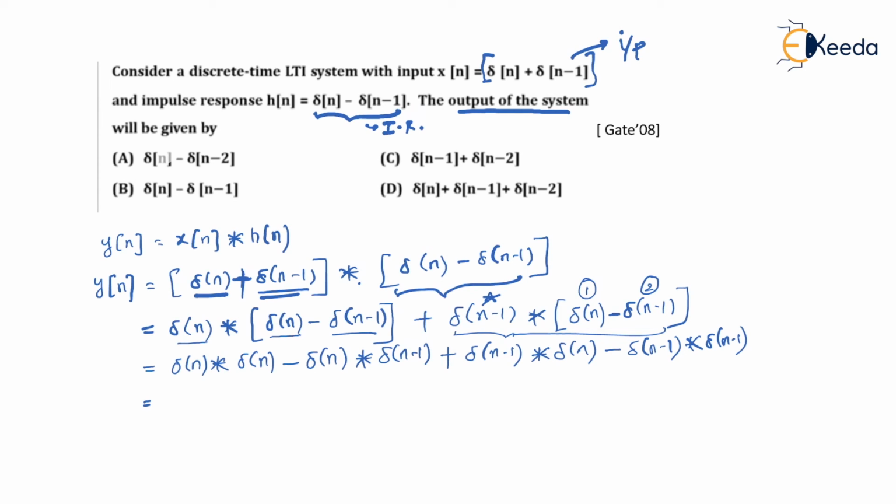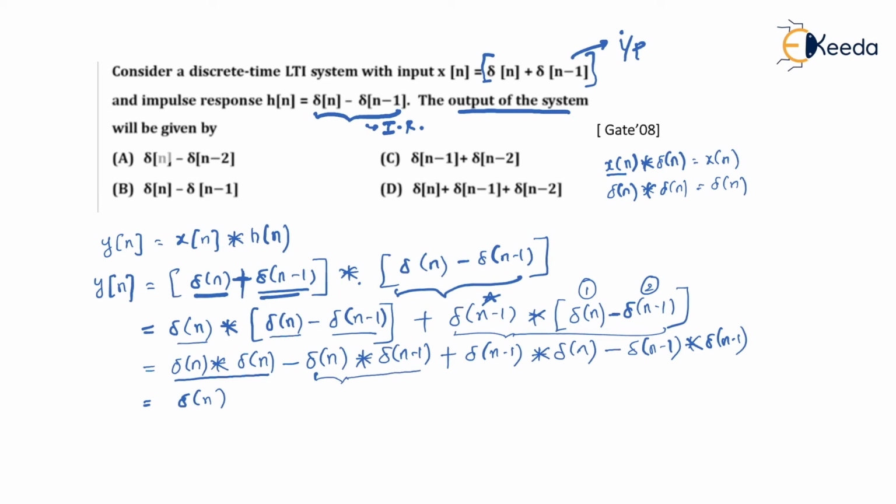Then this whole is equal to, see, you shouldn't forget your basics. We know that if x of n convolved with del of n is x of n itself, am I right? So what if this x of n itself happens to be del of n? So del of n convolved with del of n will become, of course, del of n. So using that logic, del of n convolved with del of n is simply del of n, right?